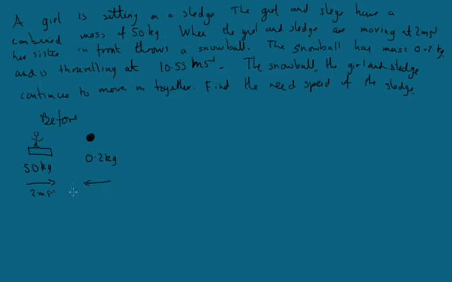This is important: if we think of this direction as the positive line of motion, the velocity of the snowball is going to be negative, minus 10.55 meters per second, because it's moving in the opposite direction of the sledge.